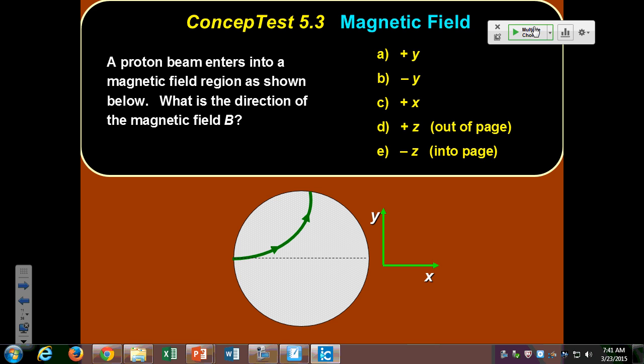All right, a proton beam enters a magnetic field region and does this. We don't know what the magnetic field is, but what is the direction of this magnetic field? If I have this proton beam that comes in and moves upward like that in that circular path, what is the direction of the magnetic field? Plus or minus y, plus x, plus or minus z?